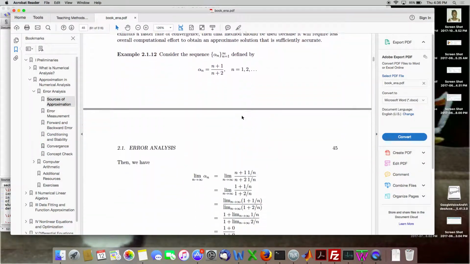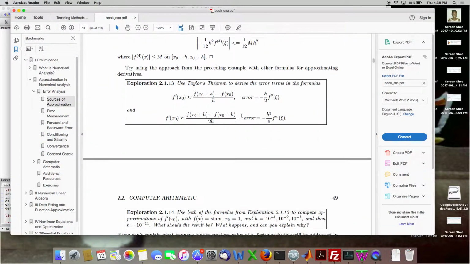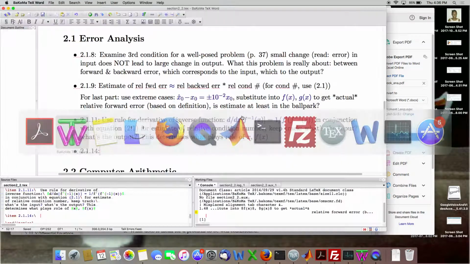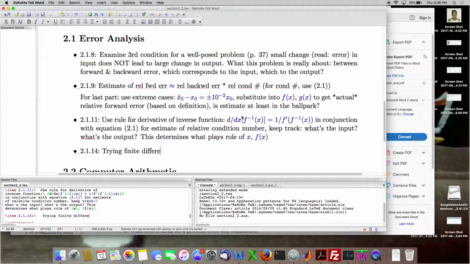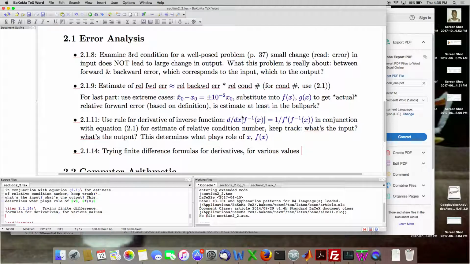Okay, number 14. What I'm going to do with this one is carry out a part of it. What we're doing here is trying finite difference formulas for derivatives for various values of h that I specified.